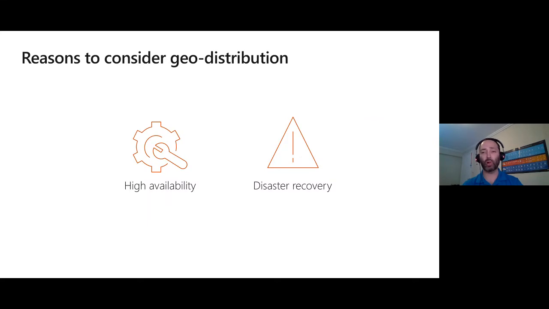So a multi-zone deployment, like the one we talked about earlier, is often enough to satisfy these kinds of requirements. But in each case, you need to have a clear set of requirements so you know what options you can consider and which ones you need to rule out. For example, one of the metrics that we talk about with all of our customers is recovery point objective, or RPO. This is how much data you can potentially afford to lose if you absolutely had to due to a disaster.